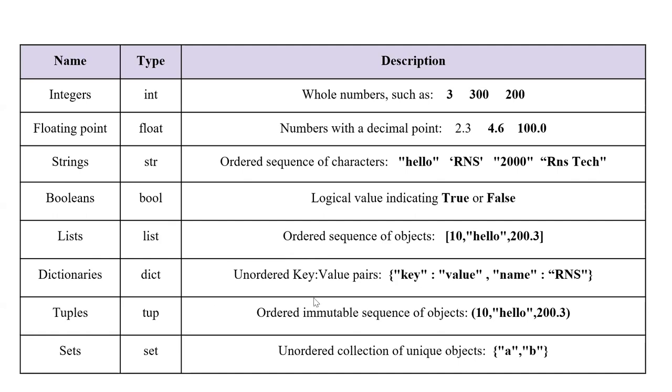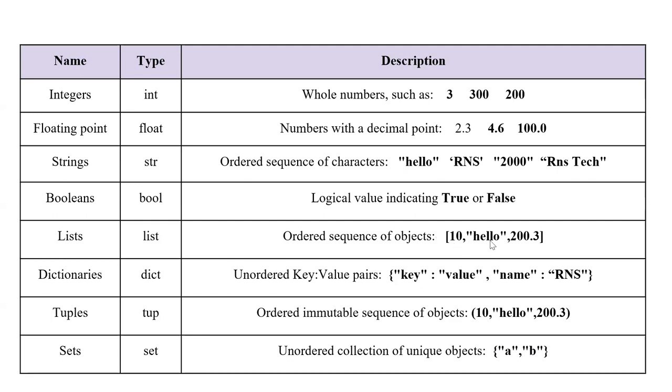A set is also like a list, but it is unordered, and one more feature is that it holds unique objects. Suppose here I have stored one element A, and I cannot store one more A as a value. But in the list, I can store 10, 10, 10.